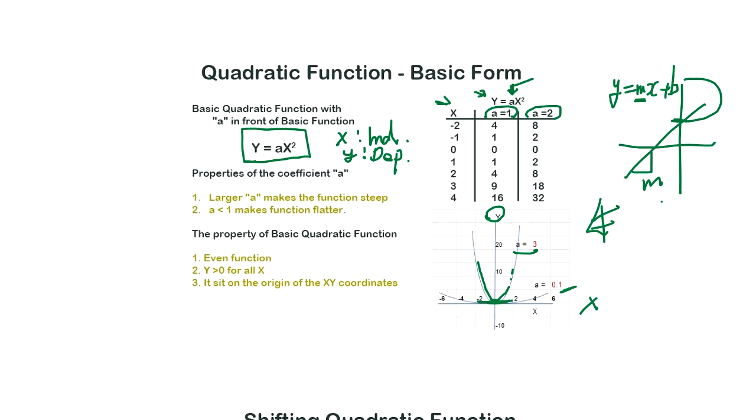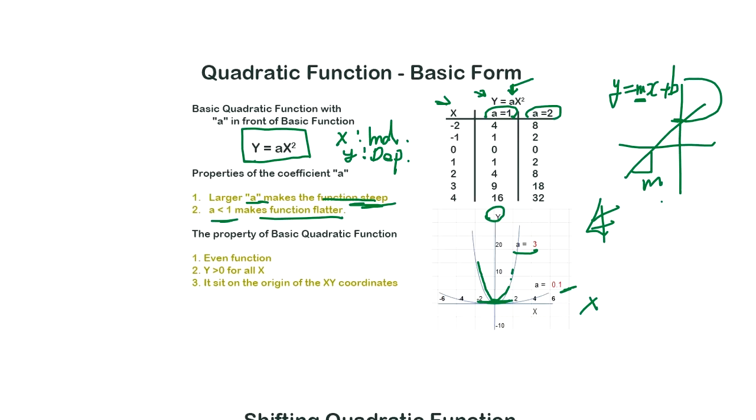A equal 3 looks like a cup, 0.1 looks like a plate. So we can tell a larger a makes the function steeper, and a less than 1 makes the function flatter.